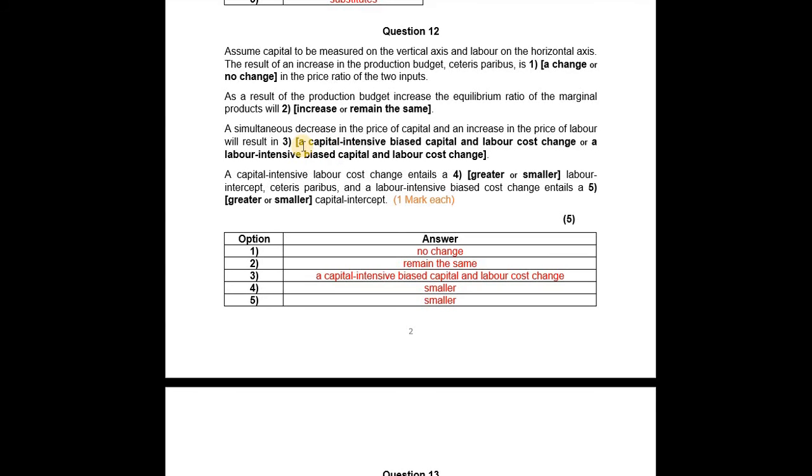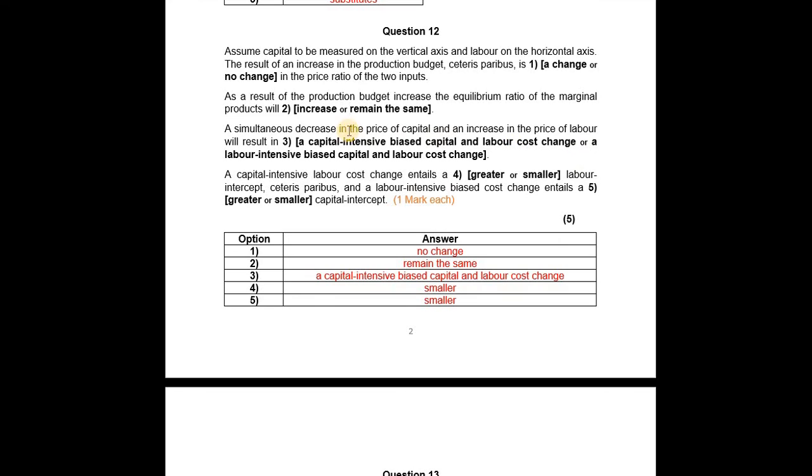So in this case, we're given two options: a capital intensive biased capital and labor cost change, or a labor intensive biased capital and labor cost change. So the correct answer will be a capital intensive biased capital and labor cost change.